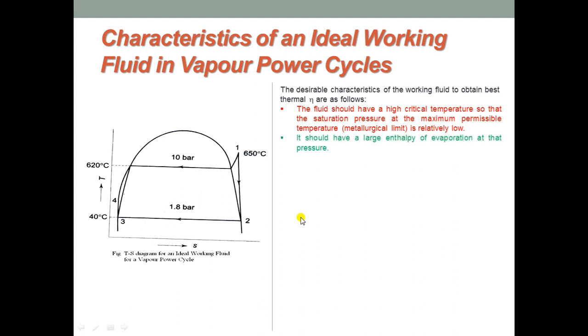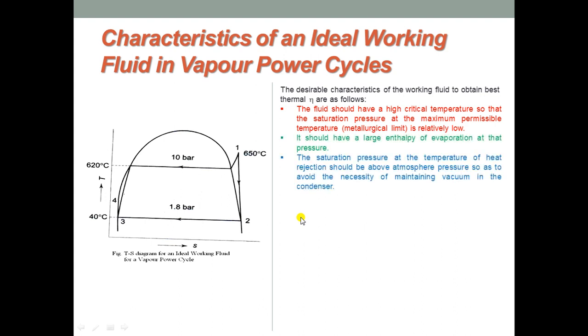The saturation pressure at the temperature of heat rejection should be above atmospheric pressure so as to avoid the necessity of maintaining vacuum in the condenser.